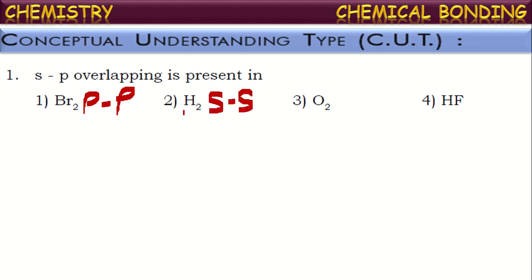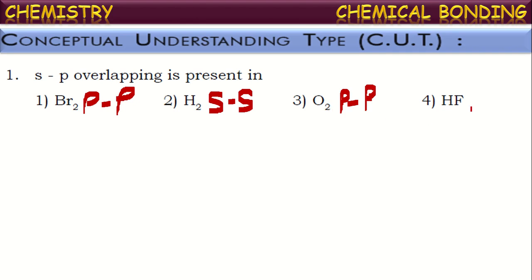So here the sigma bond is formed by ss overlapping. What about the oxygen molecule? Both the oxygen atoms form two covalent bonds between them by pp overlapping, because both oxygen atoms have unpaired electrons in their p orbitals.